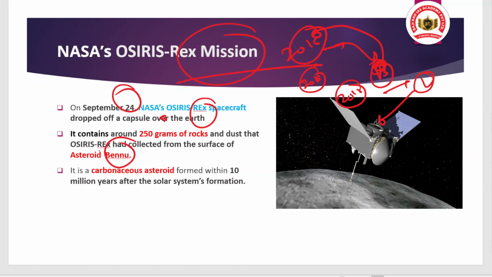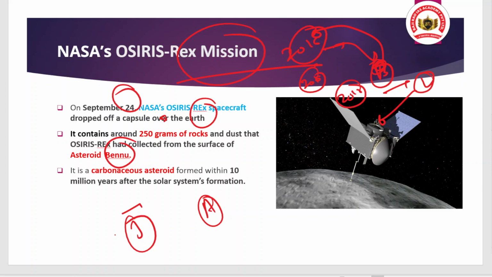And you should know that asteroids are solid particles or unformed planets that revolve around the sun, but they are located in which belt? The majority of the asteroids are located in the belt between Mars and Jupiter. Okay, you should understand the basics. UPSC had asked a question about the asteroid belt, where does it lie?